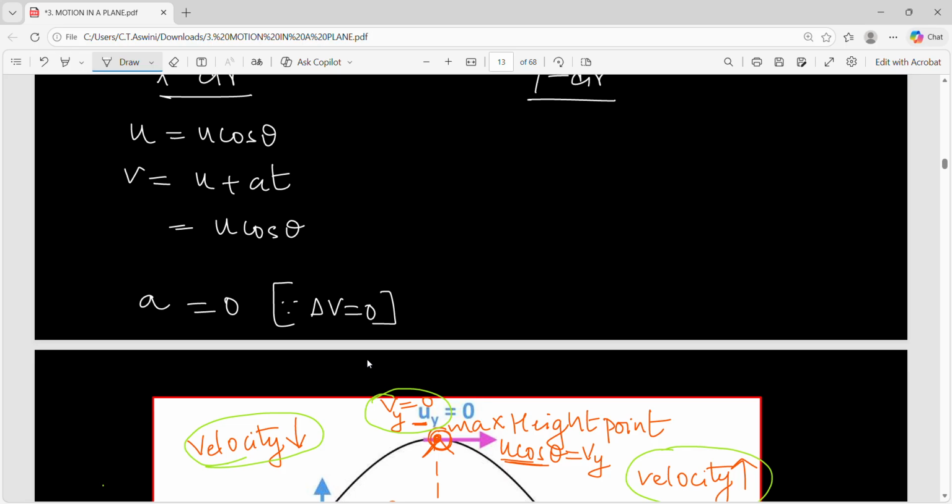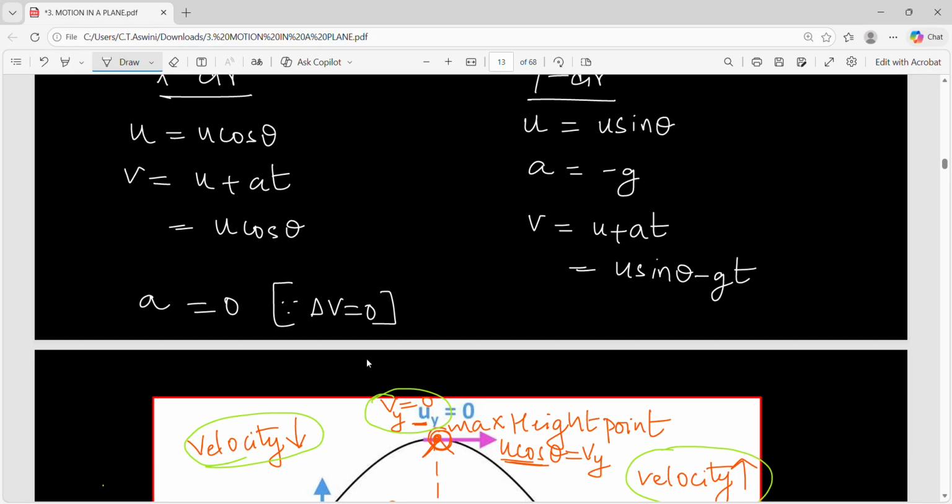Clear everyone? Now we'll do it in y direction. So initial velocity is u sine theta. And what about acceleration along y? It is accelerating due to gravity, so always it is minus g, because acceleration due to gravity is in downward direction. And what about final velocity? It is u plus at. Substitute the y components: u sine theta minus g into t.